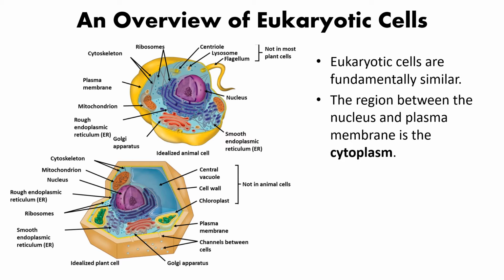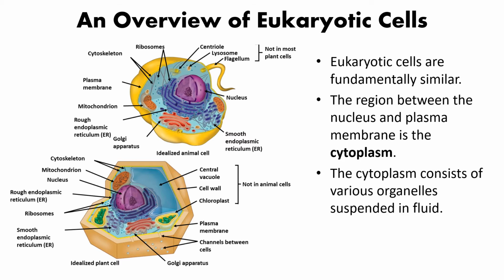That is the fluid inside of the cell. Cytoplasm consists of various organelles. The organelles are suspended within that fluid. They are not really floating around. They're more structured because we're going to talk about something called the cytoskeleton, but they are suspended within the fluid of the cytoplasm.